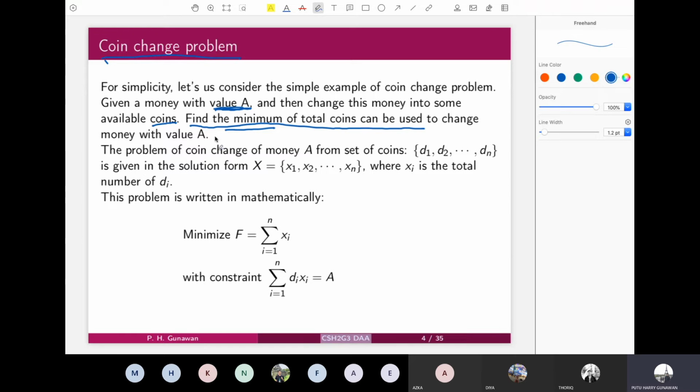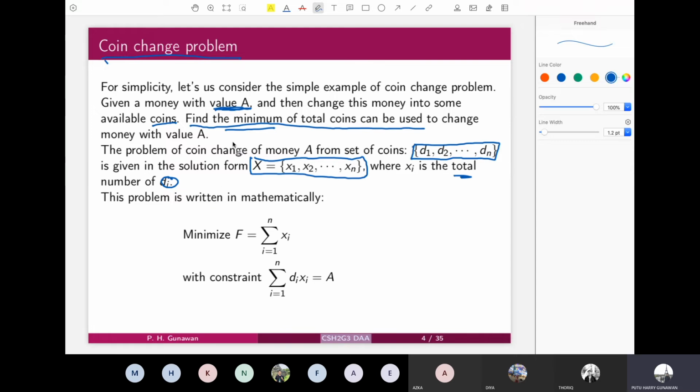The problem of coin change can begin with a set of coins. You have a set of coins, and you have the solution, where xi is the number of coins of each denomination that you take.